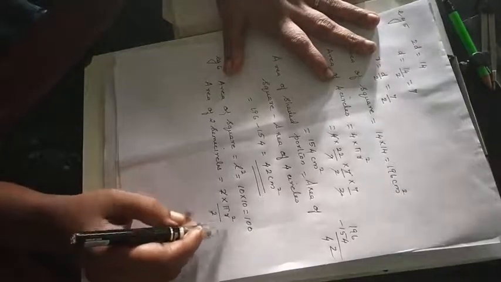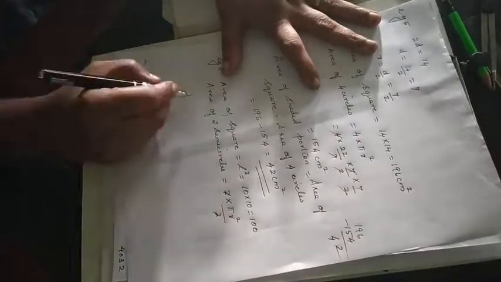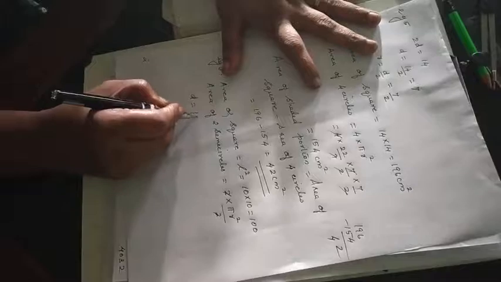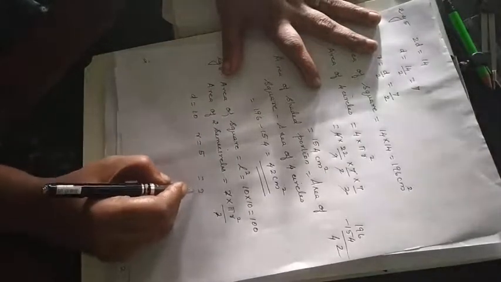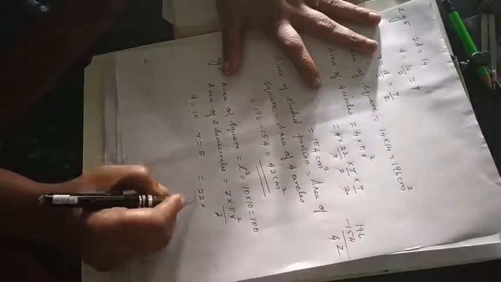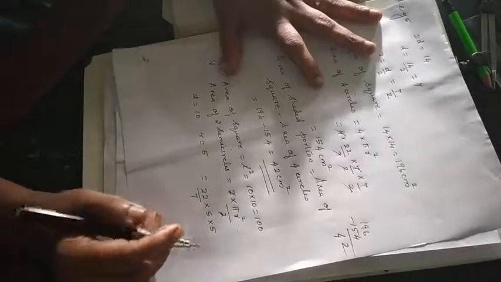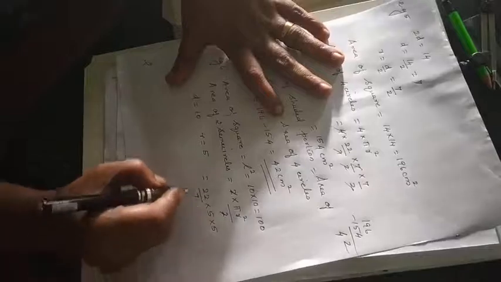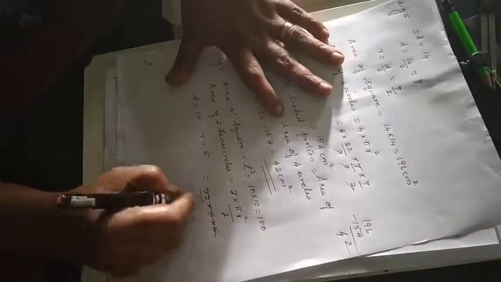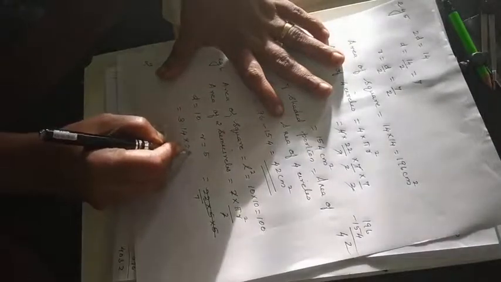So that 2 you can cancel, pi r square, where r, I told you d is equal to 10, so r will be equal to 5, so it will be 22 by 7 into 5 into 5, okay, or 3.14 you can put, that value into 25, that will be better, 3.14 into 25, okay, this is the answer you are getting.